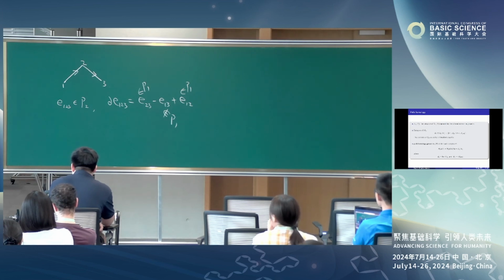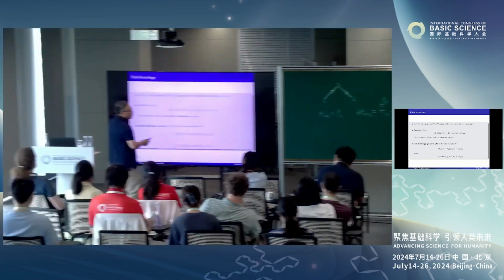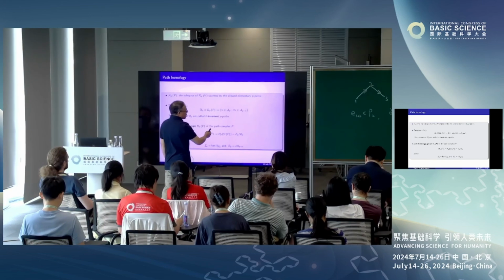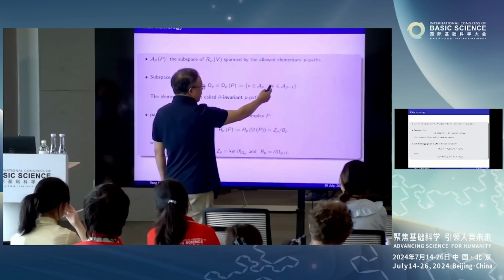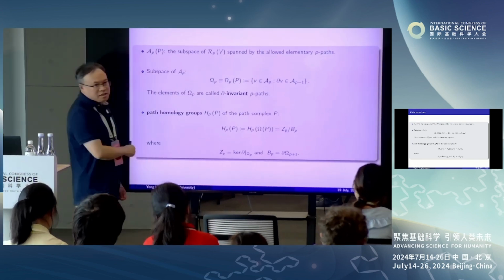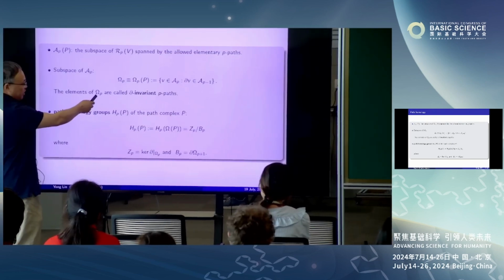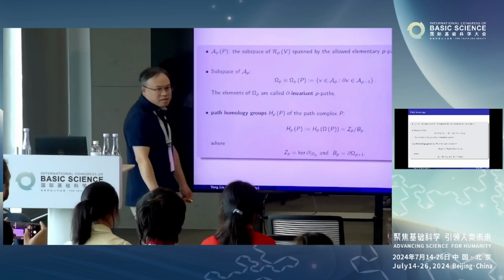So then we choose the subspace of AP, omega P. Omega P consists of those P allowed paths whose boundary is still a P minus 1 allowed path. You can easily check this omega P is the d-invariant P path.